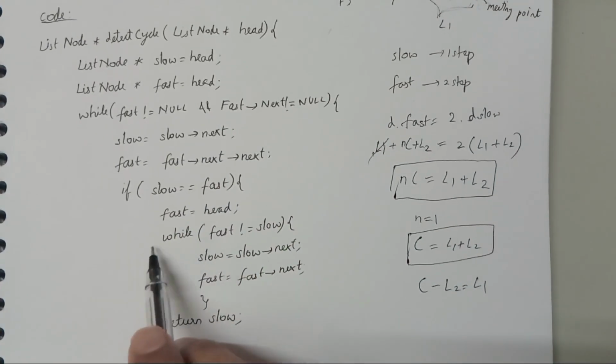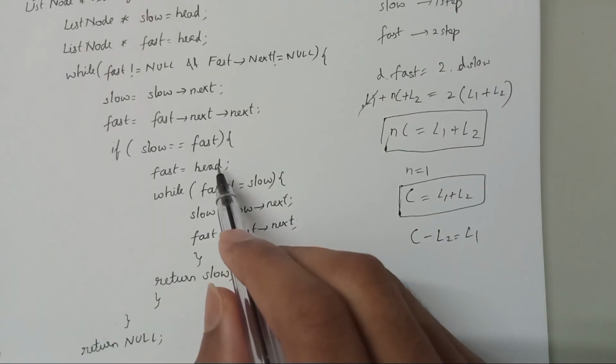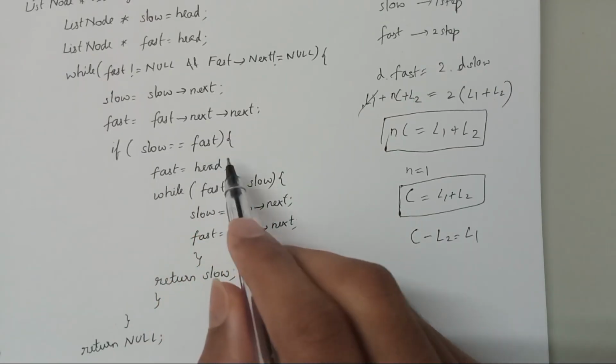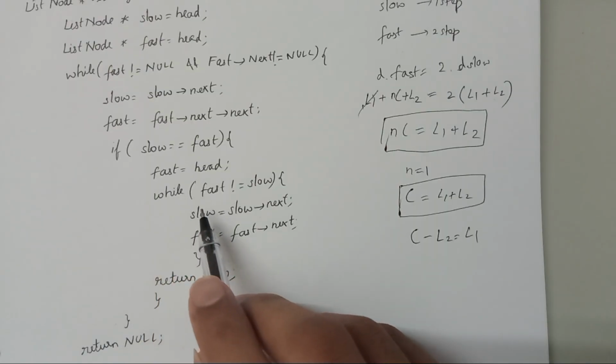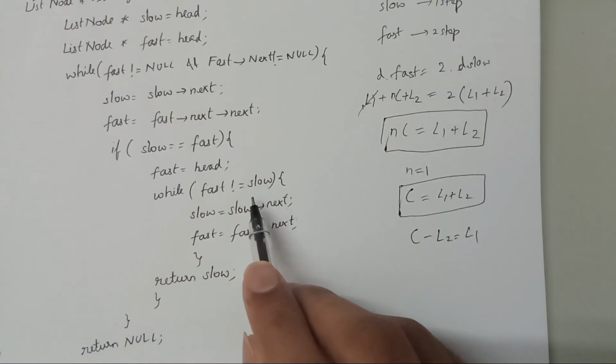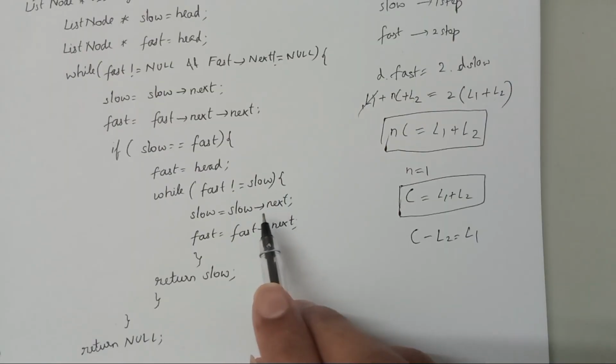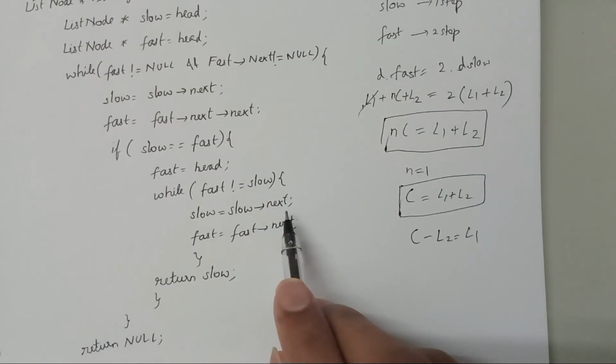Now at some point slow and fast will meet each other. So if slow equals fast, then we move fast again to the head. Now while fast is not equal to slow, we move both the pointers one step at a time. So slow becomes slow dot next and fast becomes fast dot next.